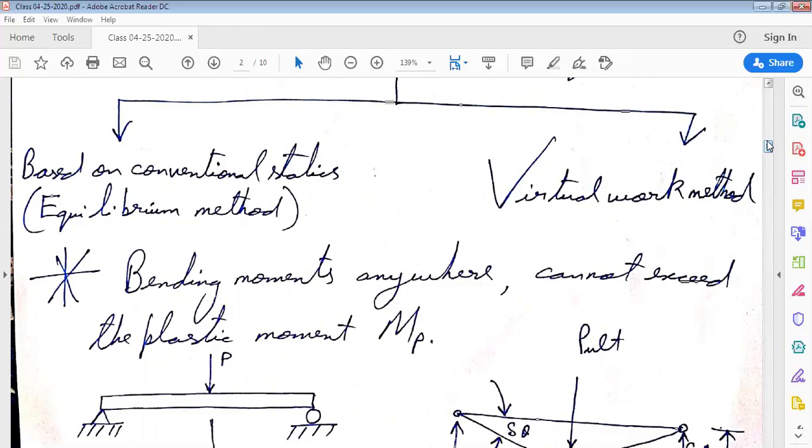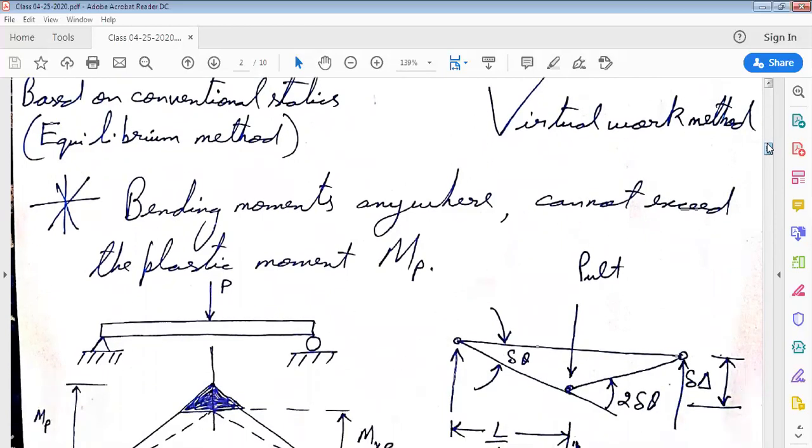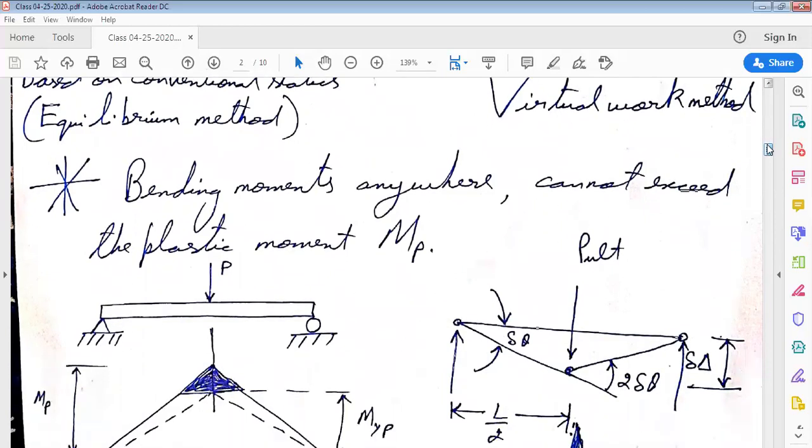Okay, let's now try to understand with one example. So on our screen, there is a simply supported beam. This beam is experiencing a central load of capital P. And we have to find out the limiting load, plastic limit load for this structure.